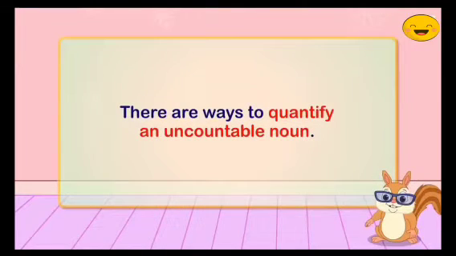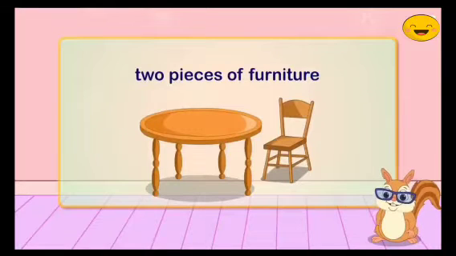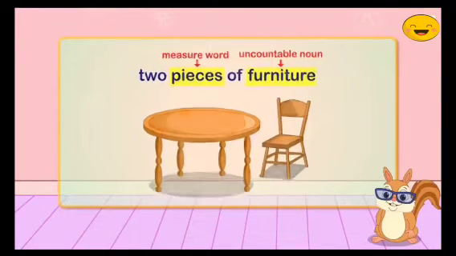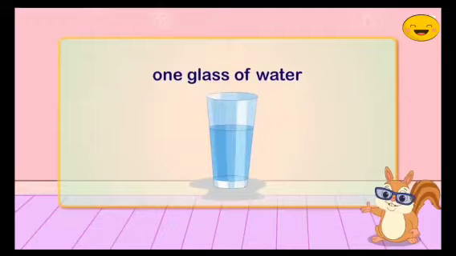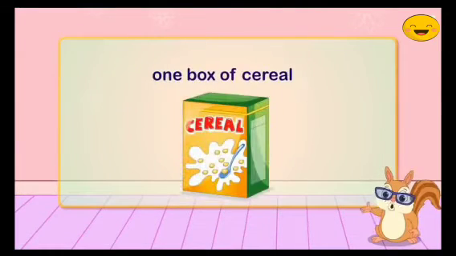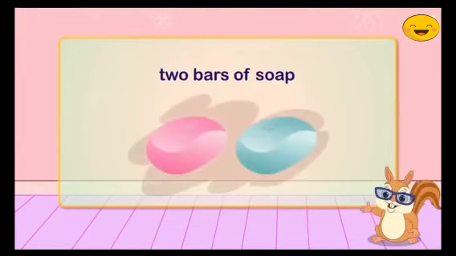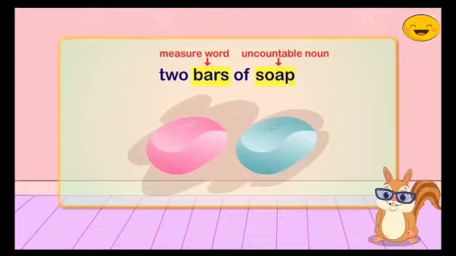There are ways to quantify an uncountable noun. Okay, let's see. We use measure words or counters to count the uncountable nouns. For example, 2 pieces of furniture, 1 glass of water, 1 box of cereal, 2 bars of soap.